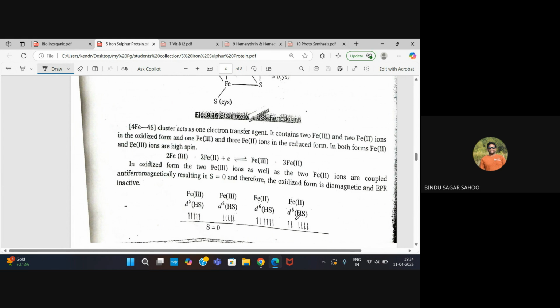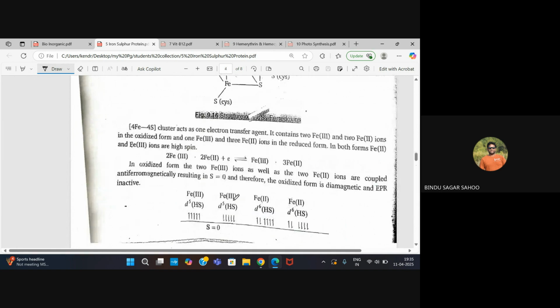That means we cannot trace these types of complexes by using EPR spectroscopy. If there is some spin value, it may be half, or 3/2, or 5/2, we can say this is EPR active. So the oxidized form of 4Fe4S ferredoxin is EPR inactive due to its spin value 0.